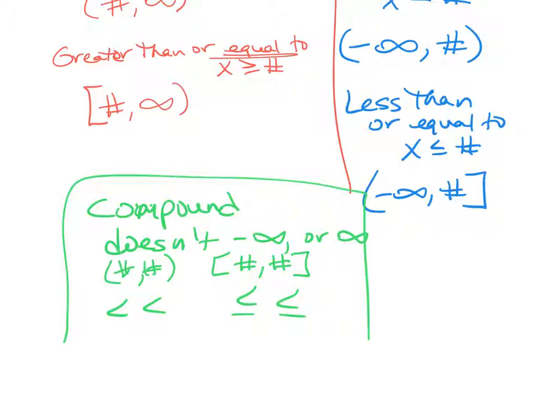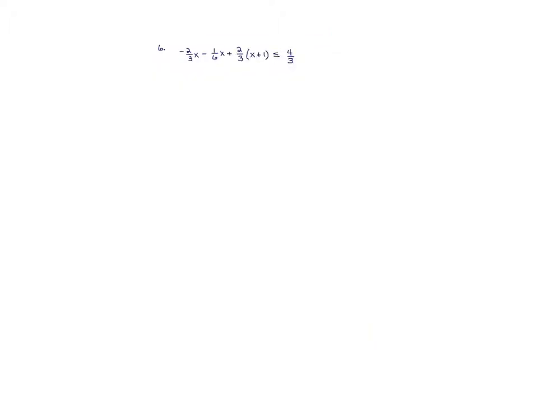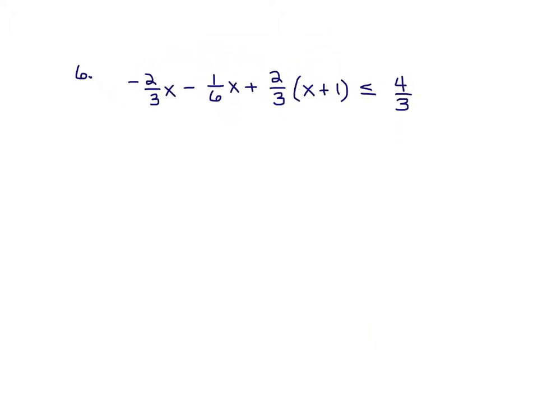Okay, let's try another example. All right, so for this one, I got a bunch of fractions here. Instead of trying to work with fractions, I'm going to clear the denominators. So I'm going to multiply everything by the common denominator, which is 6.